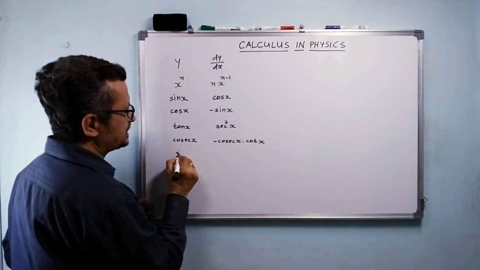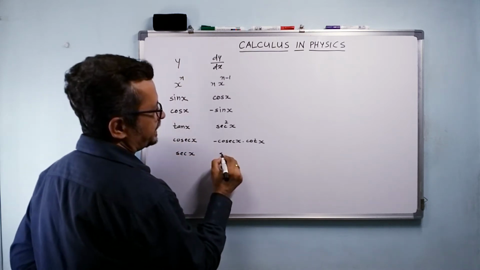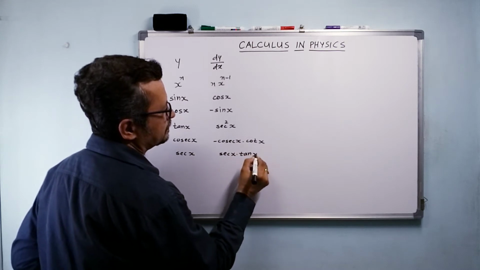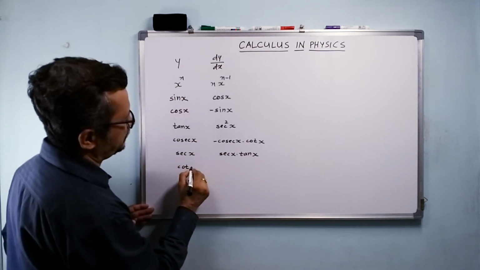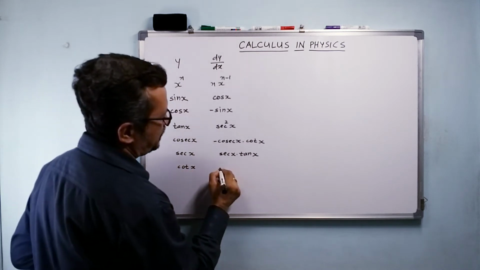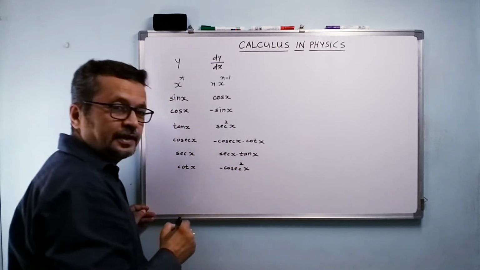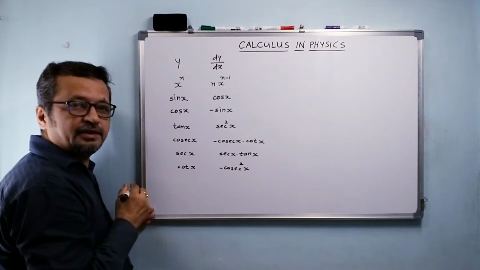If it is sec x, then it is sec x tan x. If it is cot x, it is minus cosec square x. These are the trigonometric functions and their derivatives.